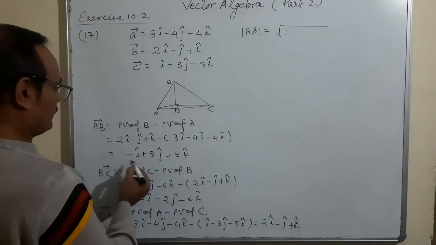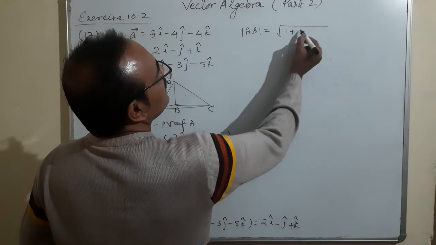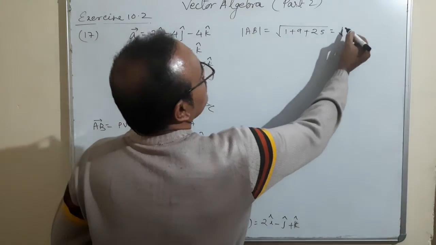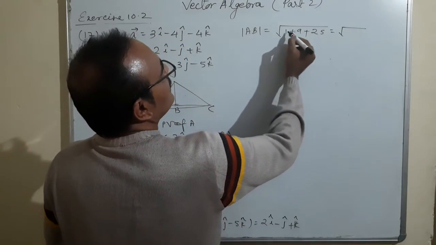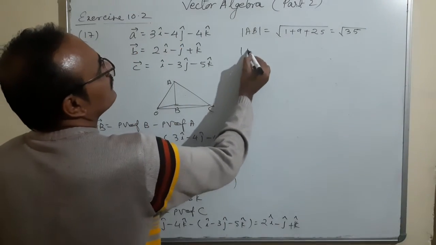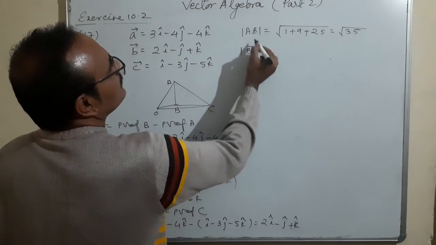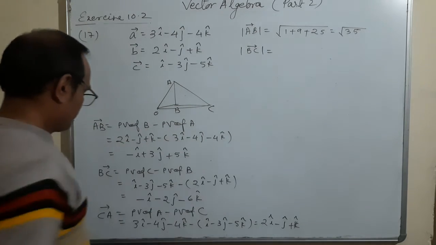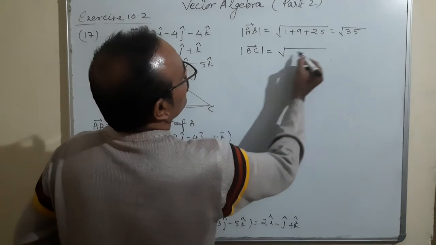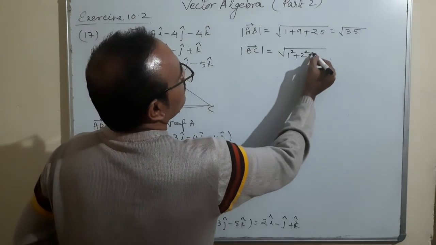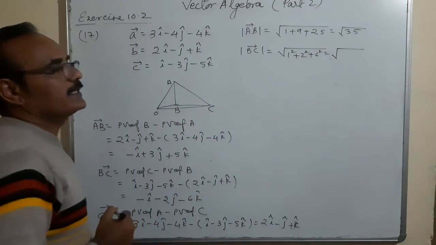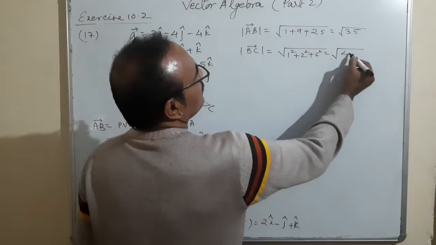1 square plus 3 square plus 5 square, it is 1 plus 9 plus 25, so it is 35. Length of the side BC: under root 1 square plus 2 square plus 6 square. 1 plus 4 is 5, and 5 plus 36, it is 41.